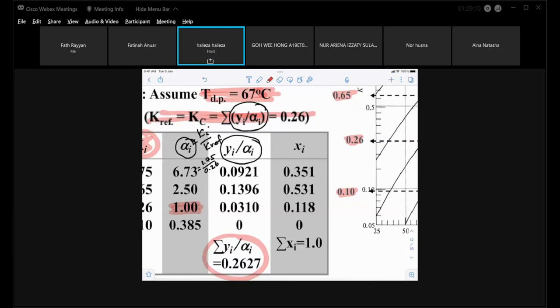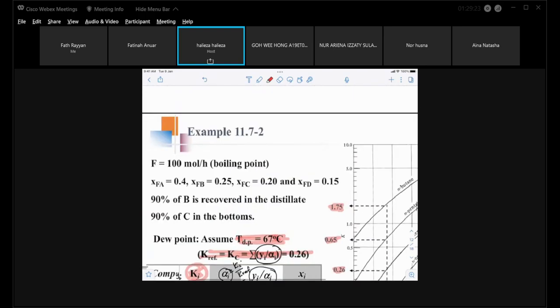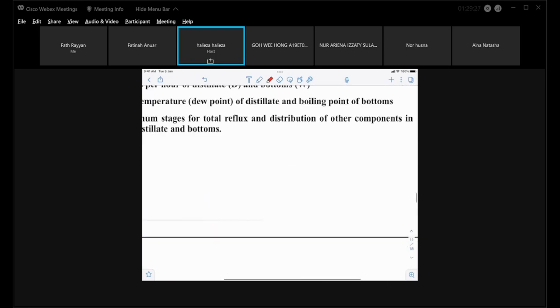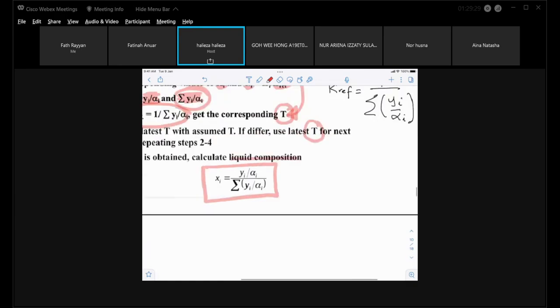this is a bit weird. You know why? Is it 1 over summation, or is it summation of that? Go back to the equation just now. This is wrong, isn't it? That's why I was asking you guys, is that right just now?